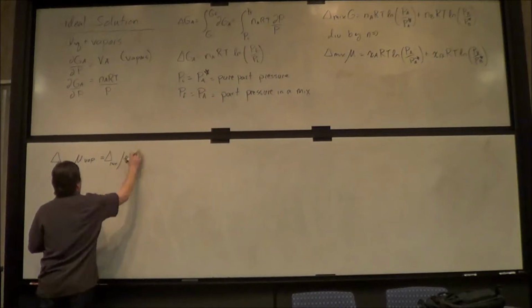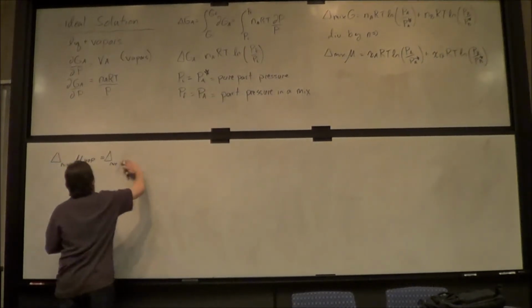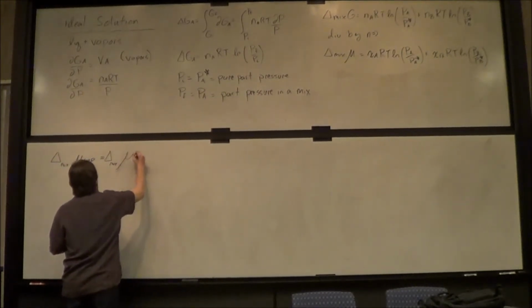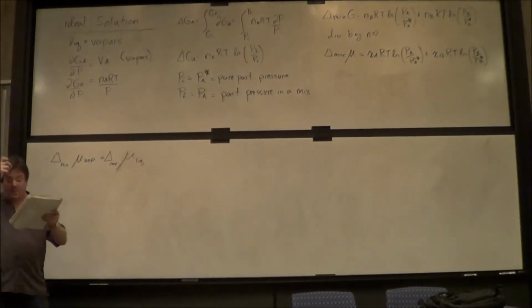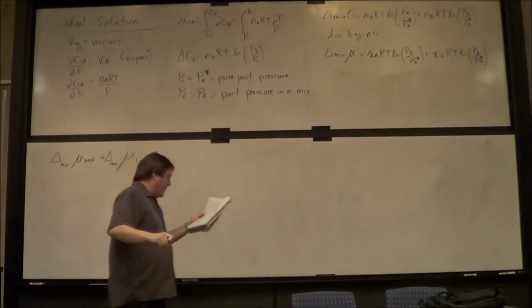So again, chemical potentials before and after are the same. Then after they've mixed, the chemical potentials after are the same. That means that the net difference is the exact same thing.